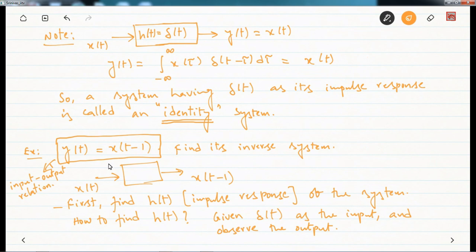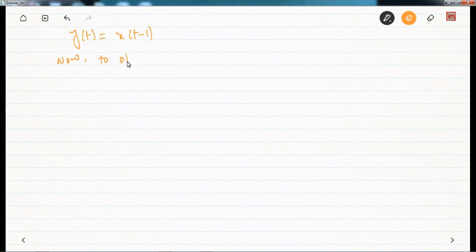So any such equation is called an input output relation. Now what is the input output relation? y of t is equal to x of t minus 1. Now, to obtain h of t, give delta of t as the input.